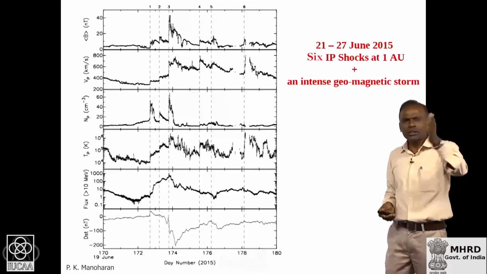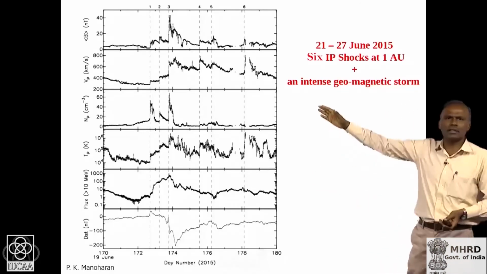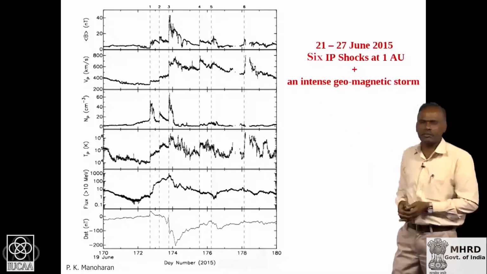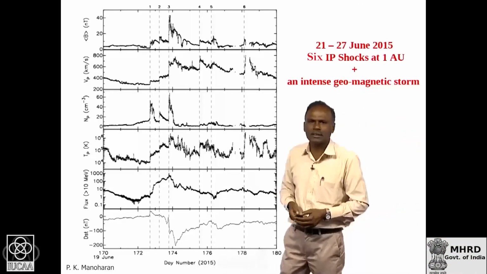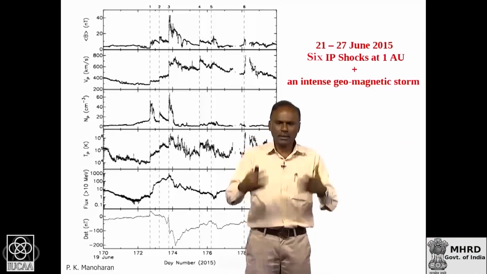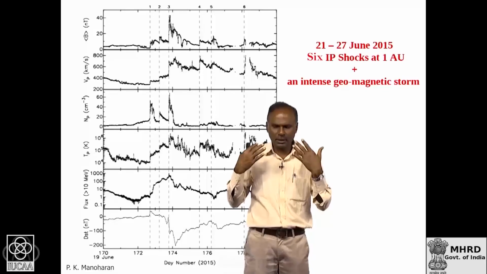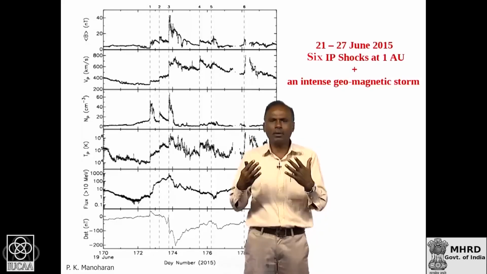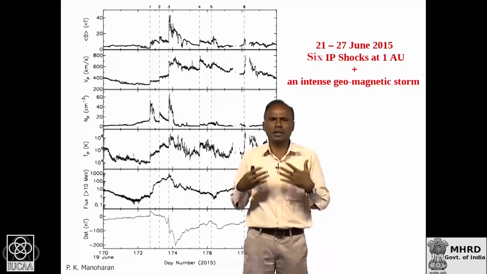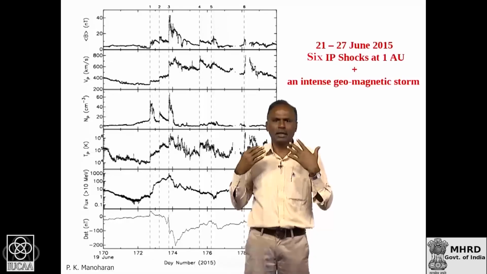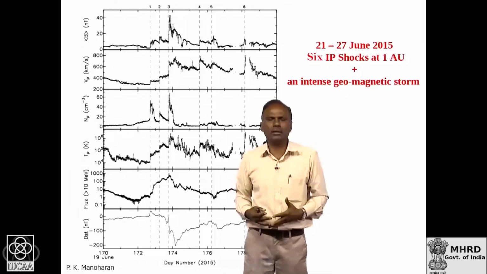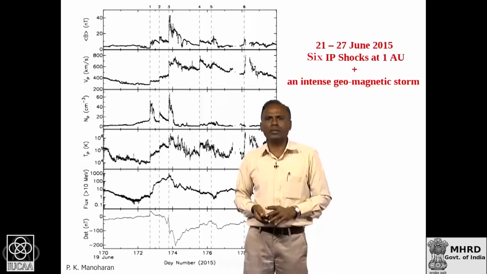In this plot you can see something like 6 interplanetary shocks arriving in near-Earth space. At 1 AU the observation of solar wind indicates several important properties like arrival of the shock, arrival of the CME, and in association with the arrival of the CME, how the geomagnetic storm is produced.